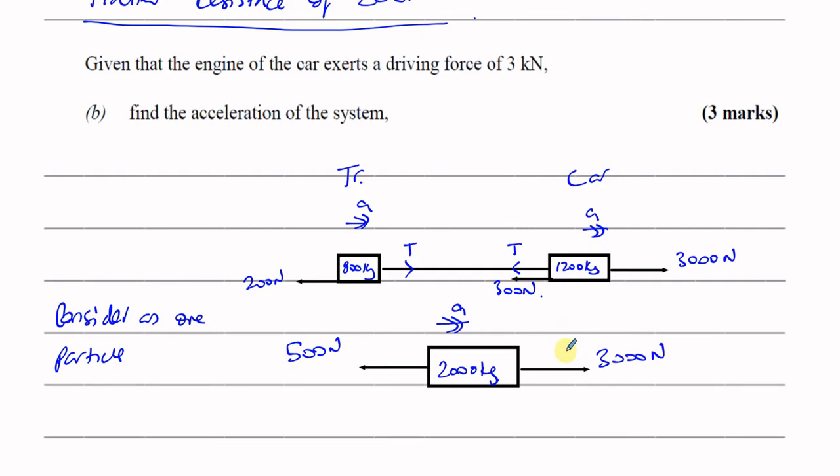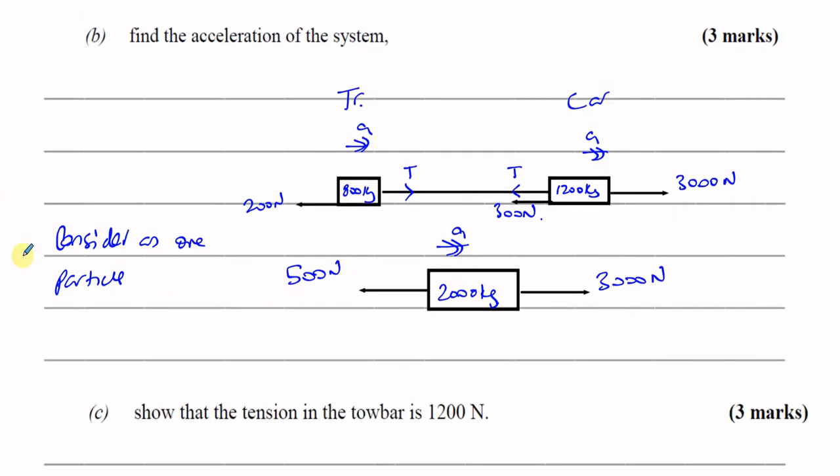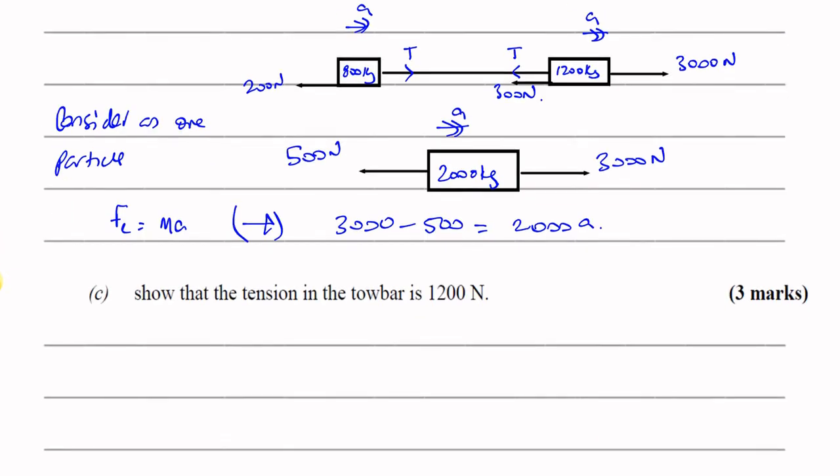So I can use the fact that the resultant force is equal to the mass times the acceleration. So if I resolve my forces horizontally, I can say 3,000 minus 500 is equal to the mass, which is 2,000, times A. Okay, and then I can find what the acceleration is.